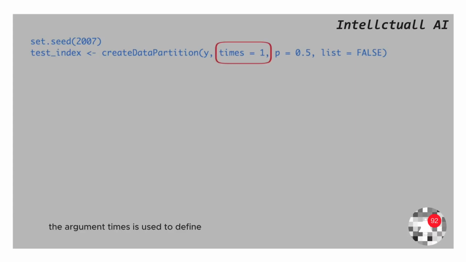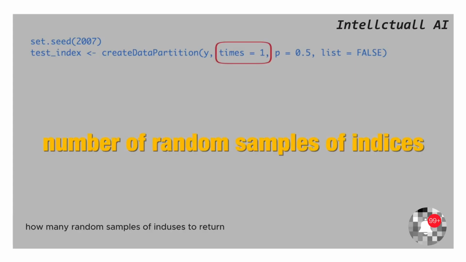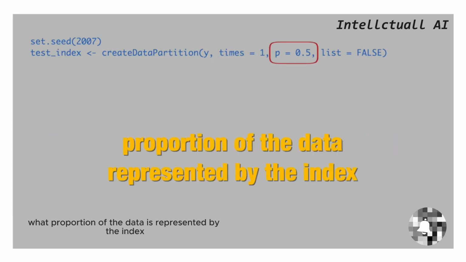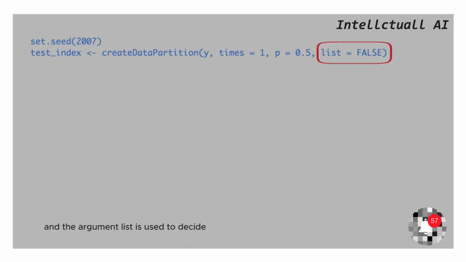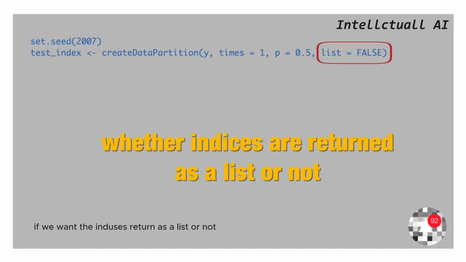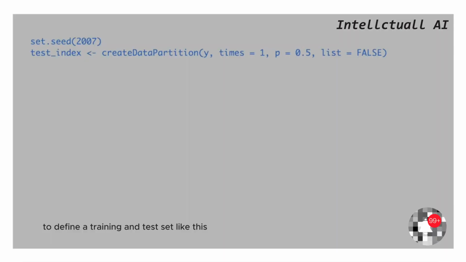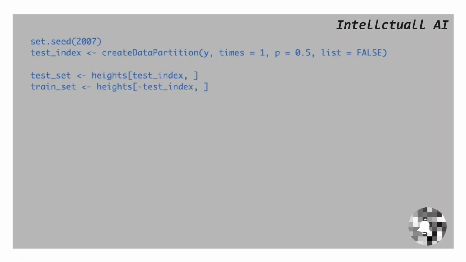The argument times is used to define how many random samples of indices to return. The argument p is used to define what proportion of the data is represented by the index. And the argument list is used to decide if we want the indices returned as a list or not. We can use the results of the createDataPartition function call to define the training and test set like this.